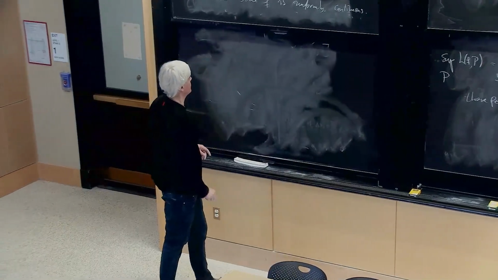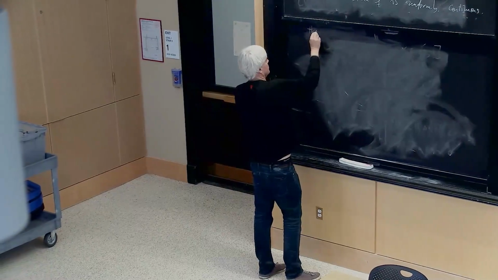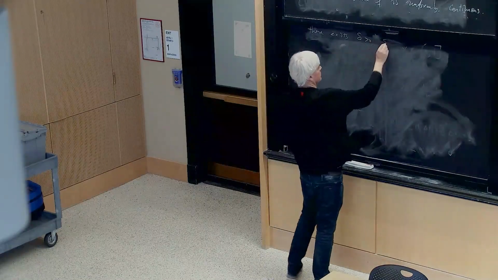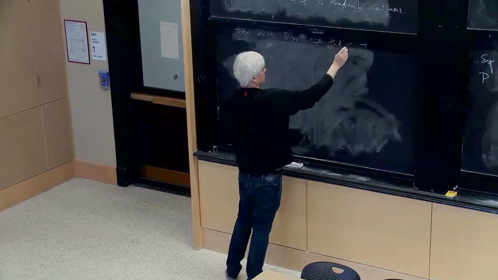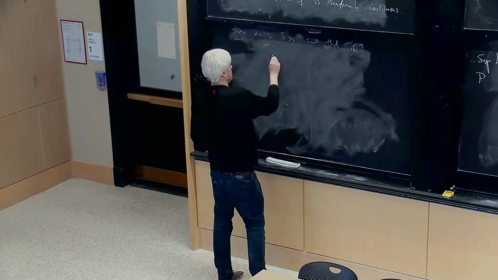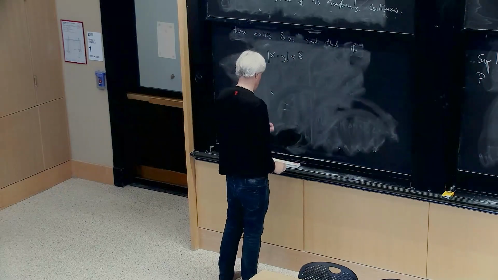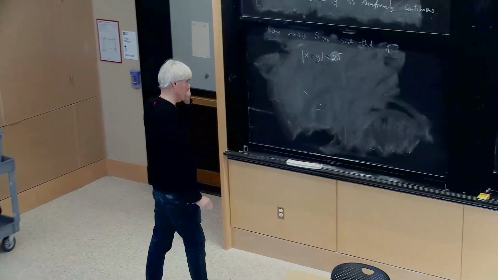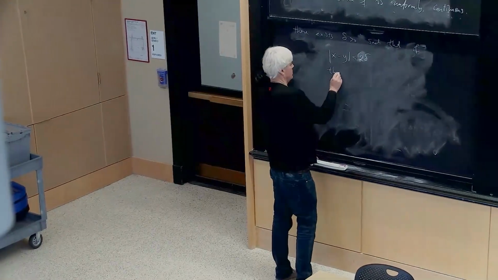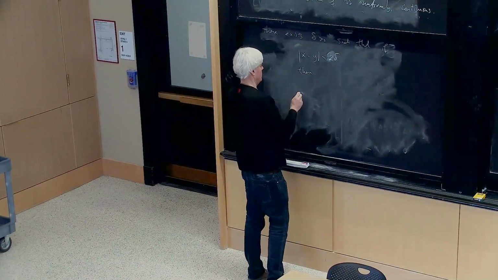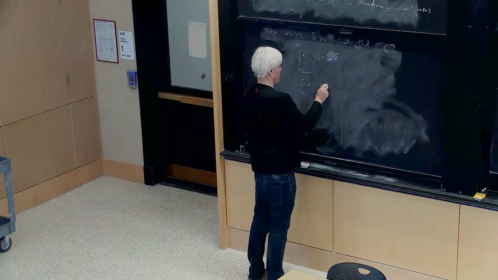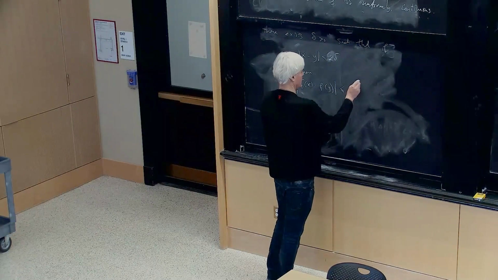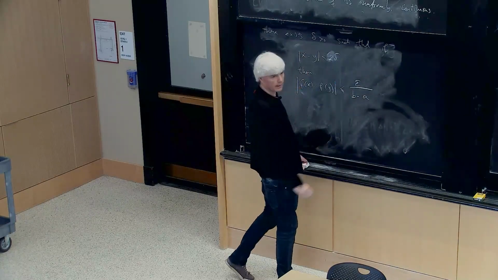Since f is uniformly continuous, it means that there exists delta greater than 0 such that if |x - y| is less than delta, then |f(x) - f(y)| is smaller than, and instead of epsilon, I'm using epsilon divided by the length of the interval, b minus a.